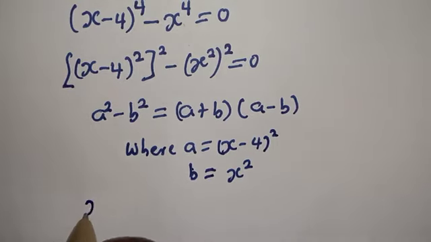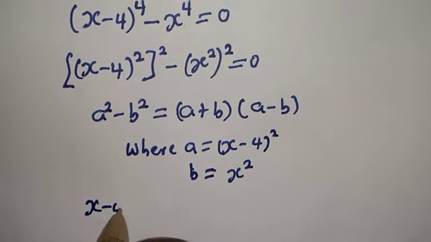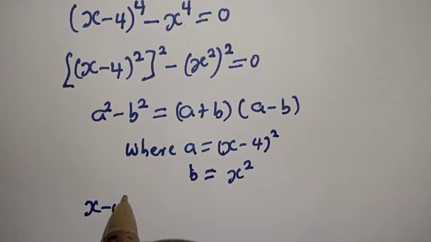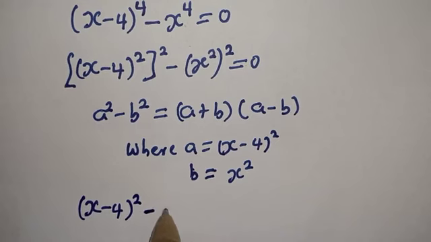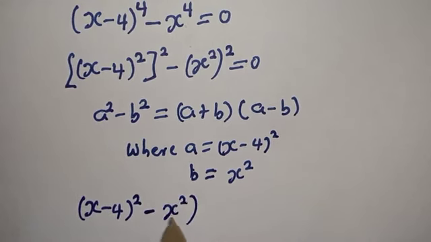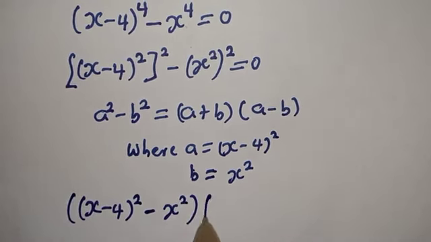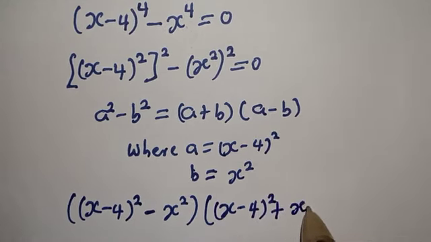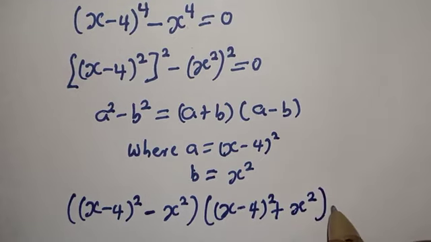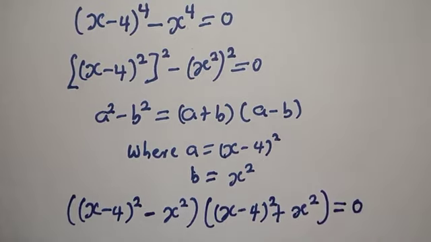We have ((s − 4)^2 − s^2) multiplied by ((s − 4)^2 + s^2) = 0.